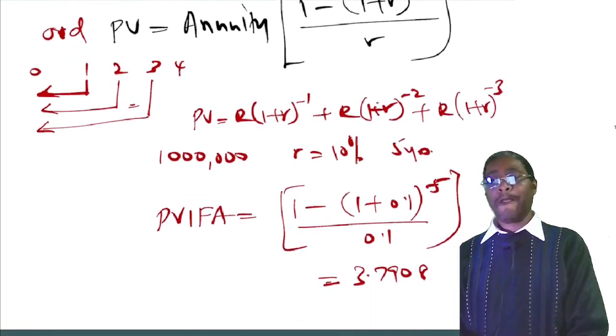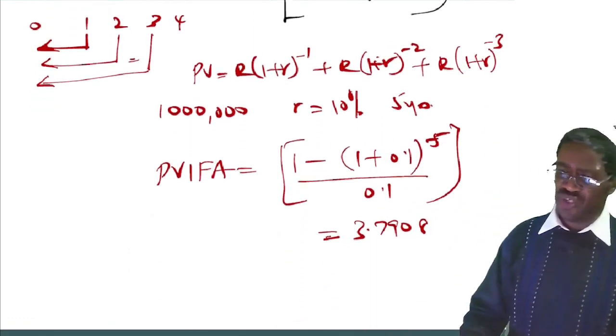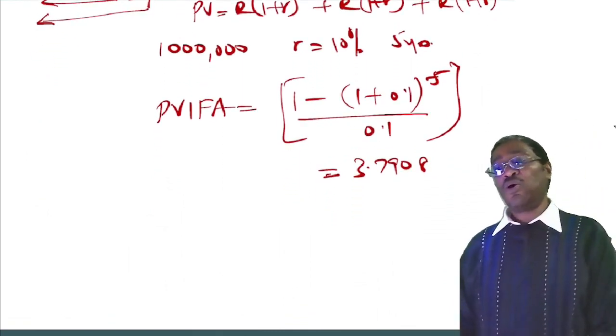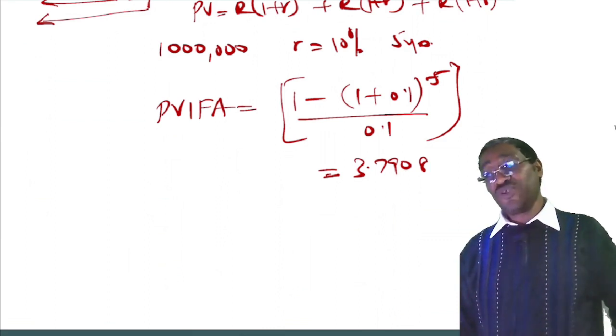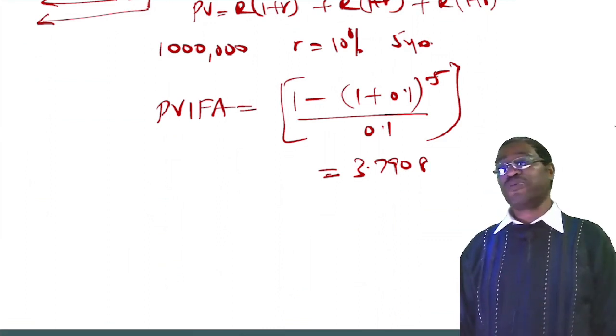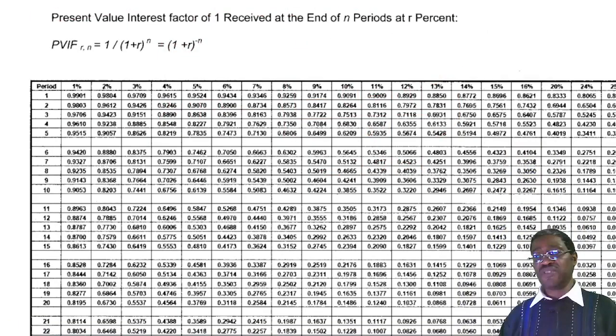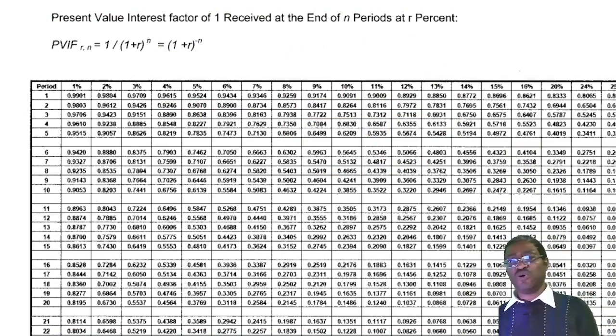Now listen. If the examiner gives you the table, you go to the table of the present values of annuities. So let's go and see whether we have been given. Let me roll my table. That was present value of 1 shilling. What about for annuities?